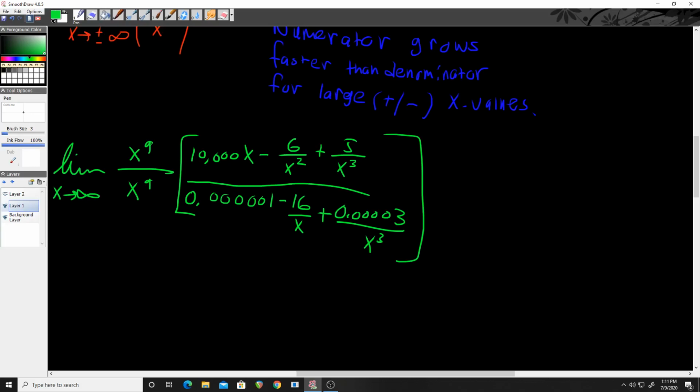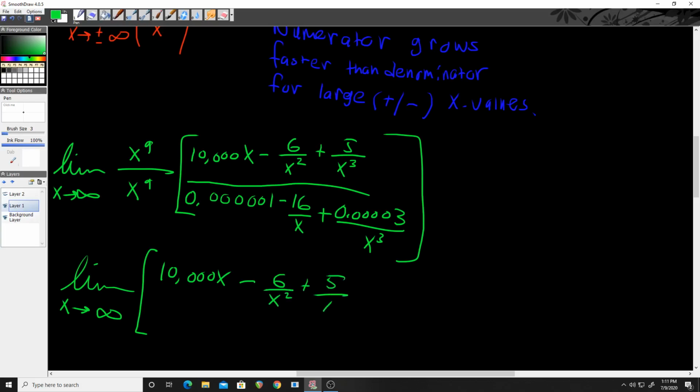And what is left? Limit as x approaches infinity. And look here, we have this x term in the top. And now, like we've discussed a few times now, these terms that I'm writing right now, these two, are going to go to 0.